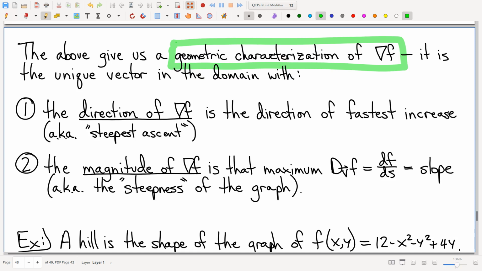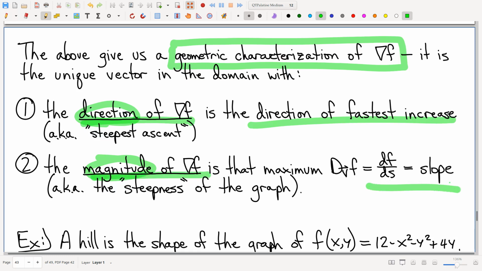That's it. Now it's a geometrically natural thing. The direction is natural. The magnitude is natural. The direction is the direction of fastest increase. The magnitude is the rate of change with respect to distance. It's the slope in that maximal direction.